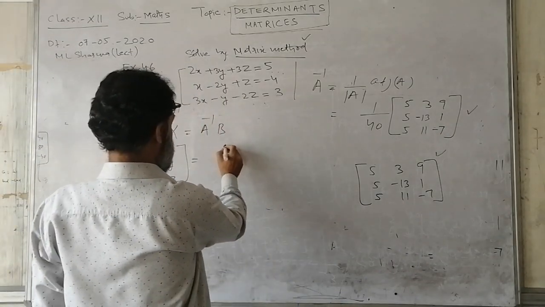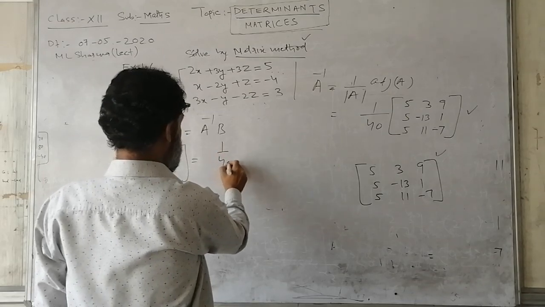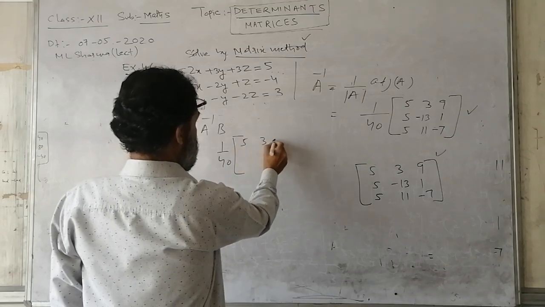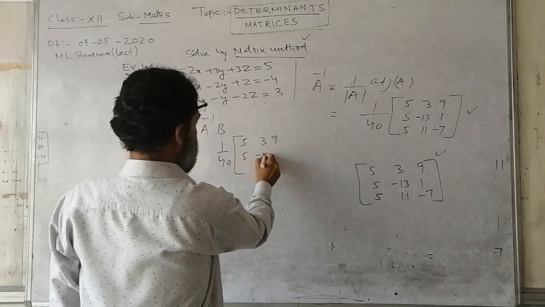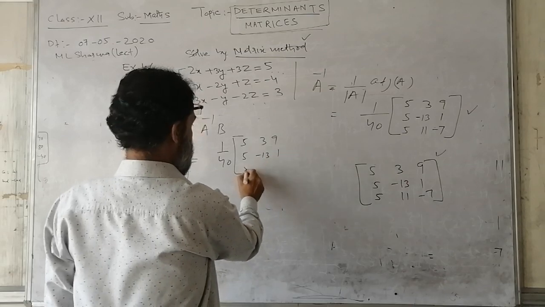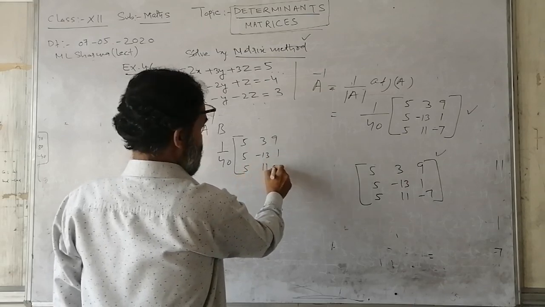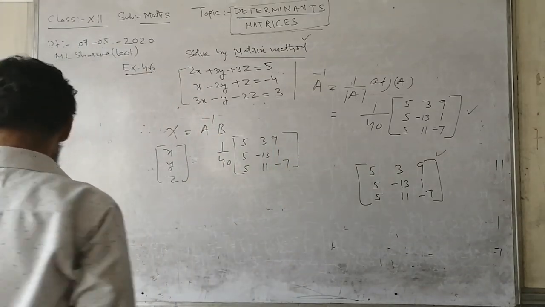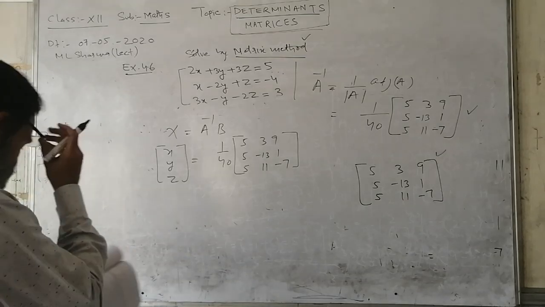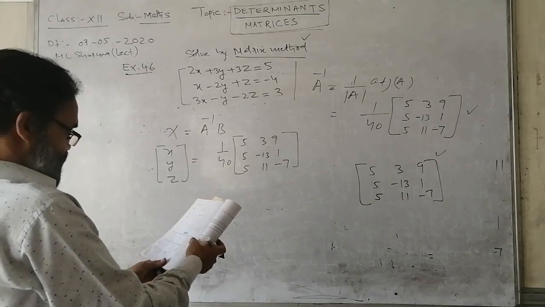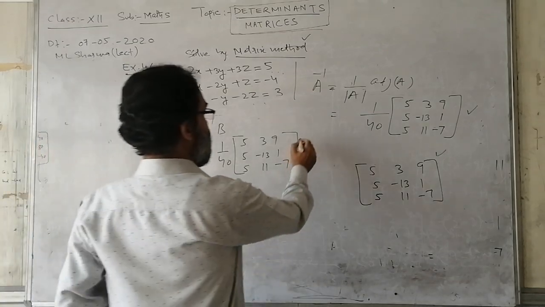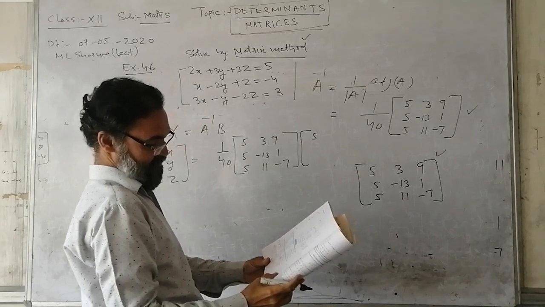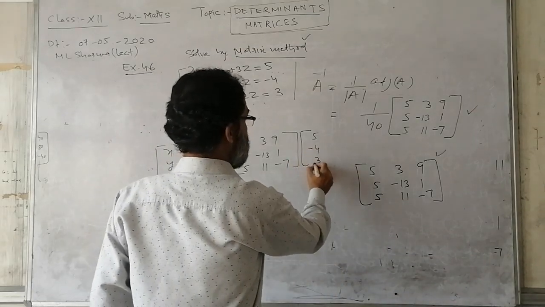So I can write 1 upon 40 into 5, 3, 9, 5, minus 13, 1, 5, 11, minus 7, and finally the value of the B matrix, which is 5, minus 4 and 3.